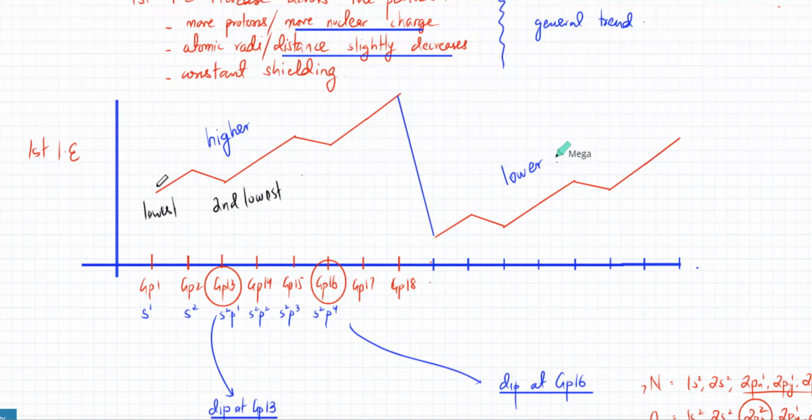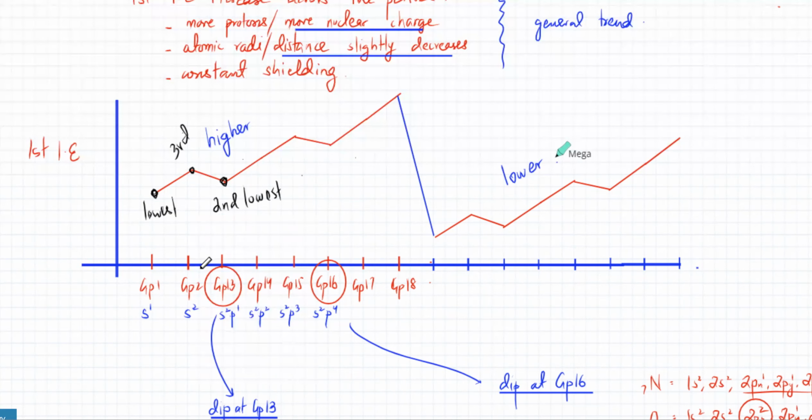This is obviously the lowest, and then this one is the second lowest, and this one is the third lowest in terms of its value. But think of this in the vertical direction. This one is the lowest, second lowest, and this is the third lowest. So it's talking about group 2.